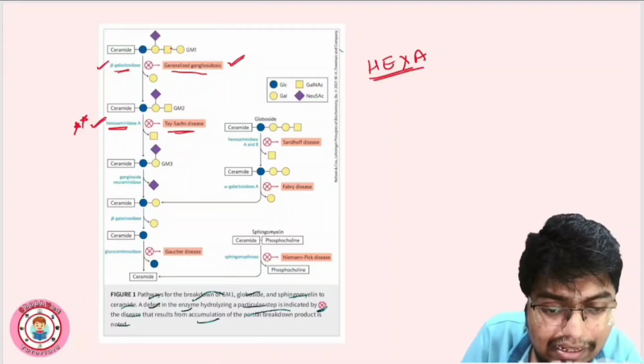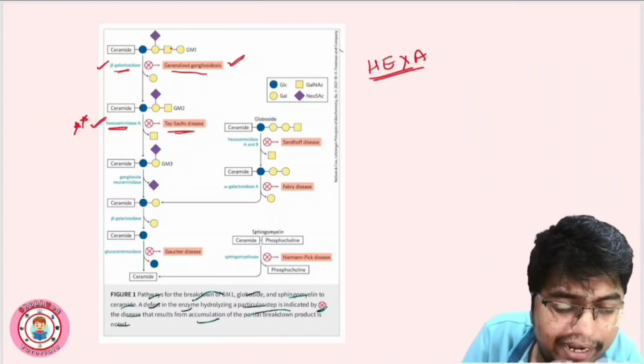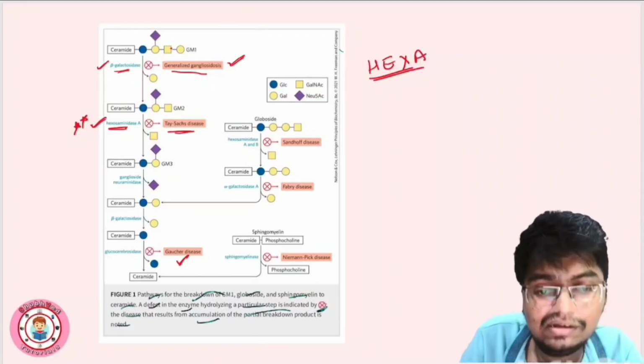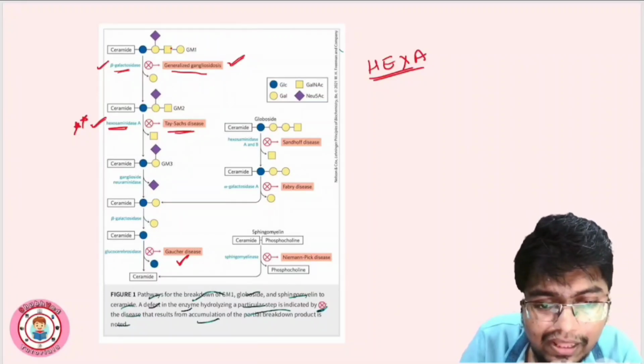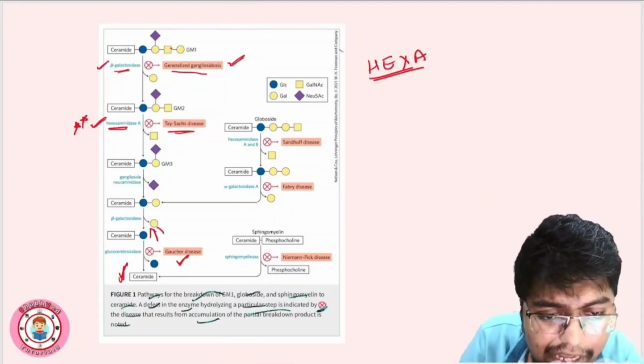Then again, these are the enzymes given. So what happens basically in the disease? There is no complete metabolization or breakdown seen. So suppose this is Gaucher disease. Now in this disease, what will happen? This product will not form. Ceramide will not form, so accumulation will happen up to here.